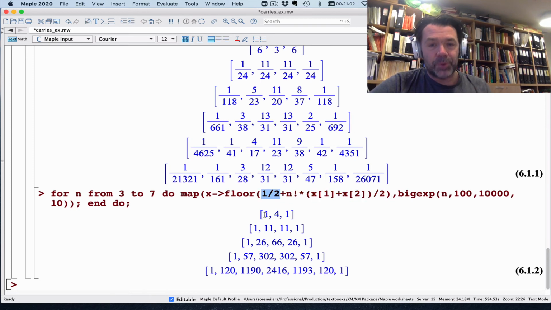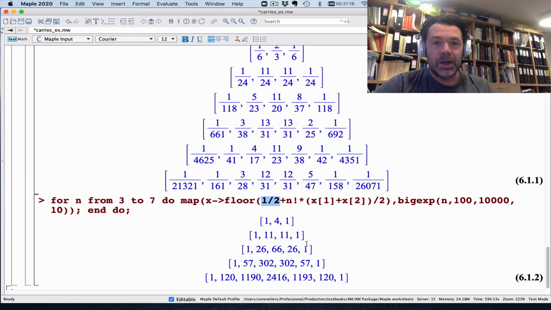And I get these numbers 1, 4, 1, 1, 11, 11, 1. We've seen this with the correct fractions. And then I have 1, 26, 66, 26, 1. This is now symmetric, which is good.